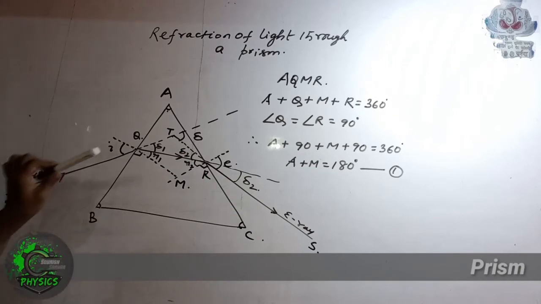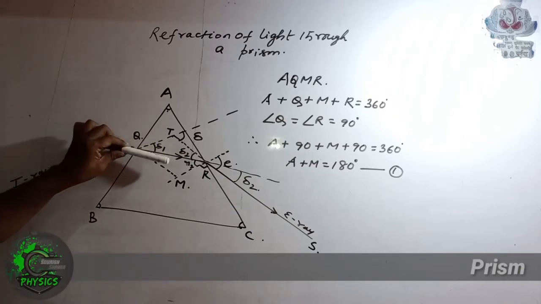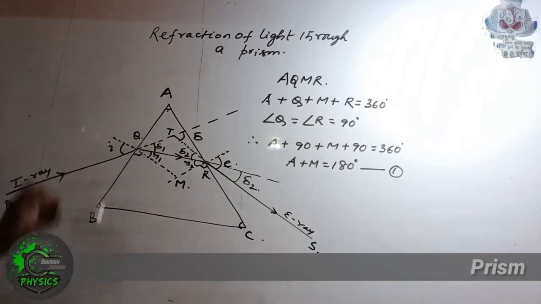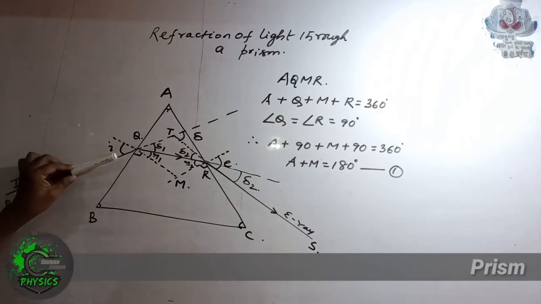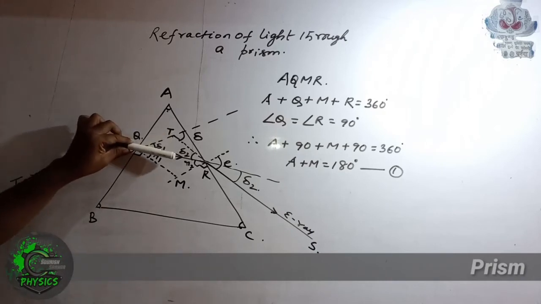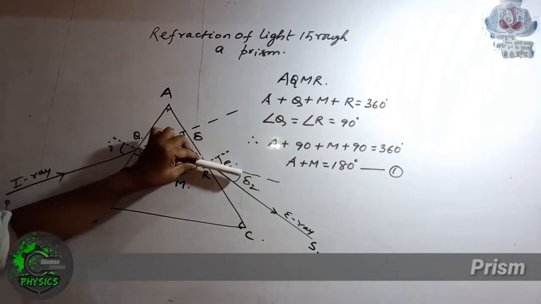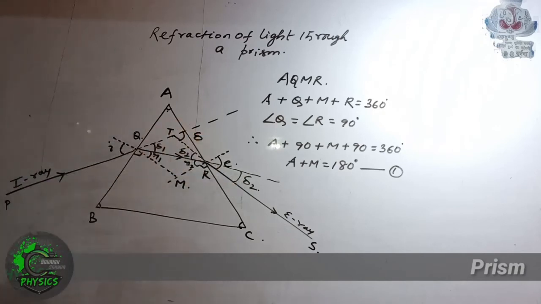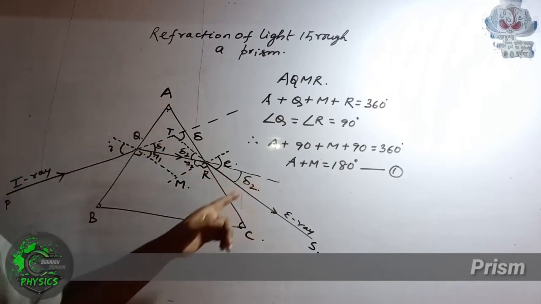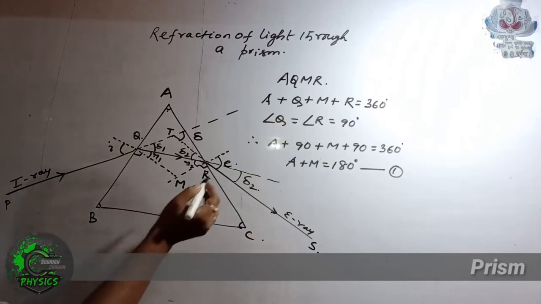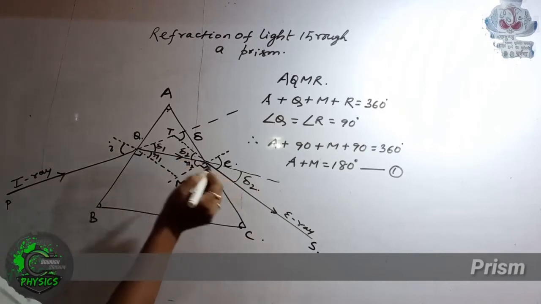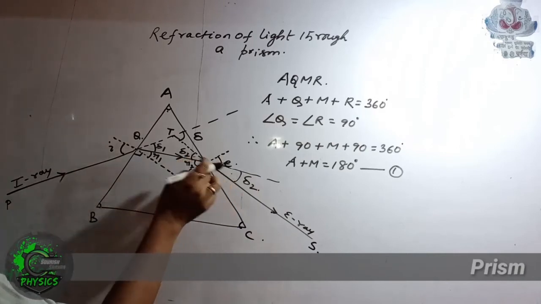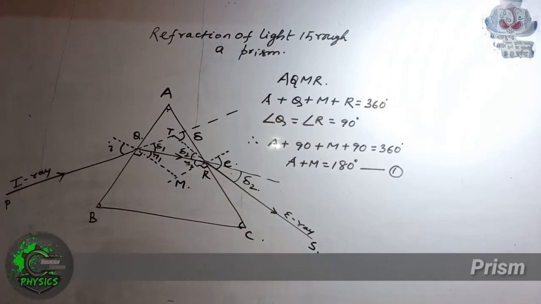So delta 1 is the deviation of the ray through the first surface AB of the prism. You can see this is the actual light ray deviated through an angle delta 1. Now this is the actual light ray deviating through an angle delta 2. So delta 1 is the deviation through the first surface and delta 2 is the deviation through the second surface. And I am writing this angle and this angle equal because they are vertically opposite angles.